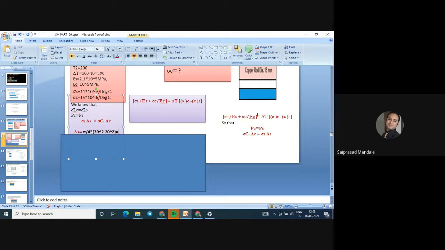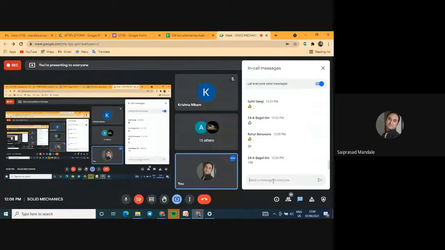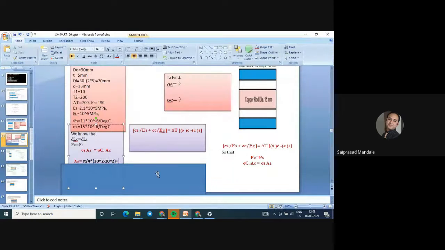As steel is hollow, pi by 4 into dO square minus di square will be the area. Please tell me the area. Look at the formula and calculate the answer.